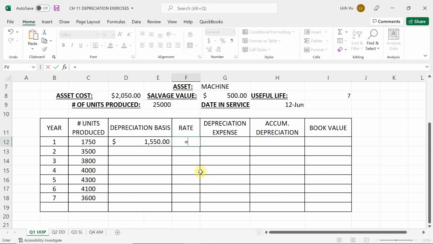It's not one over the total estimated number, the depreciation basis over the total estimated number of units.